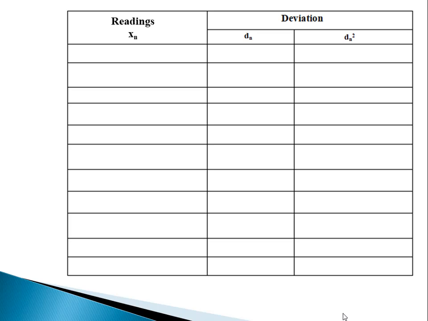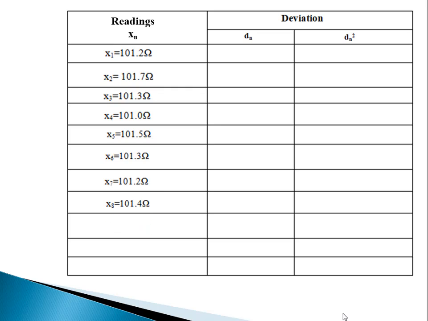As we know, in this problem there are 10 readings, so in the readings column we should write the values of all the readings: x1 is equal to 101.2 ohm, x2 is equal to 101.7 ohm, x3 is equal to 101.3 ohm, x4 is equal to 101.0 ohm, x5 is equal to 101.5 ohm, x6 is equal to 101.3 ohm, x7 is equal to 101.2 ohm, x8 is equal to 101.4 ohm, x9 is equal to 101.3 ohm, x10 is equal to 101.1 ohm.